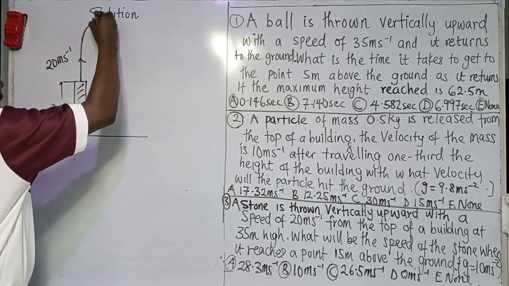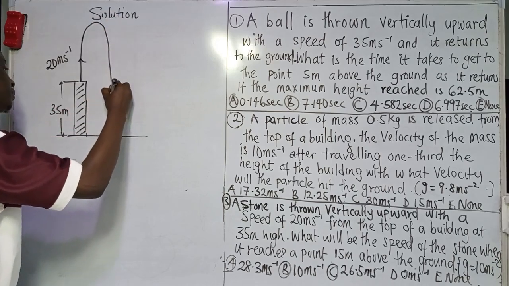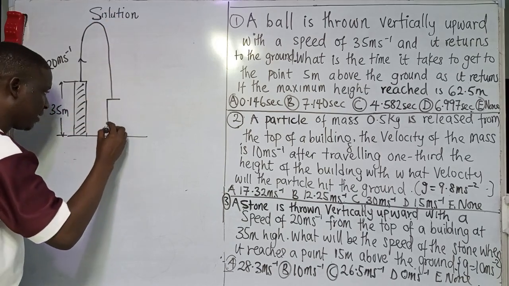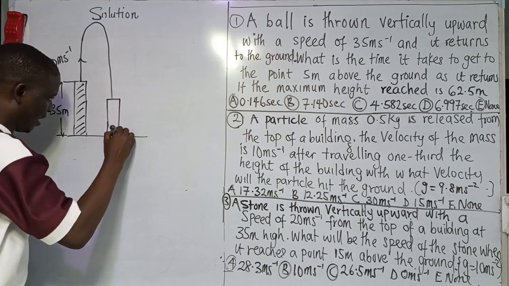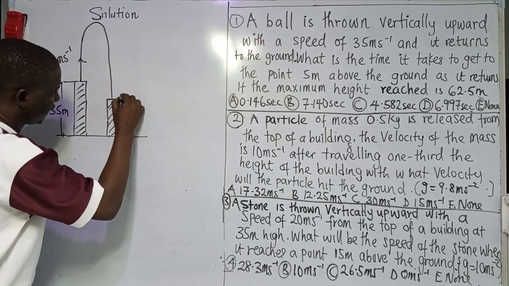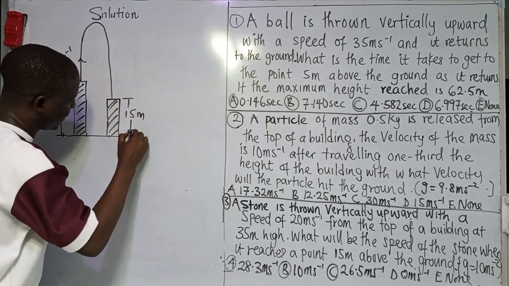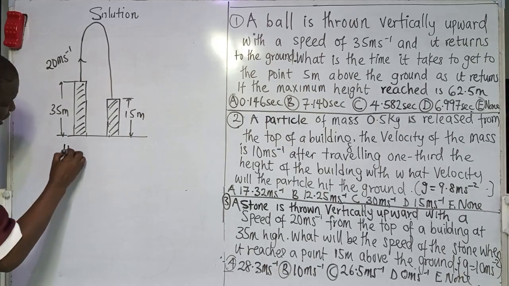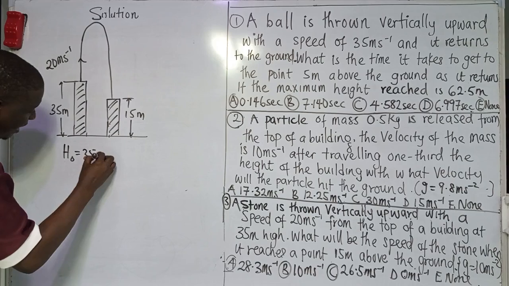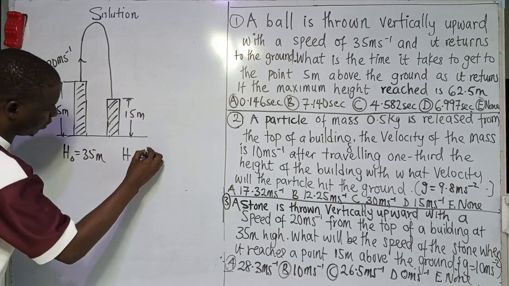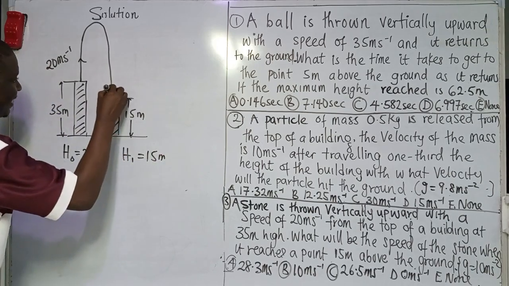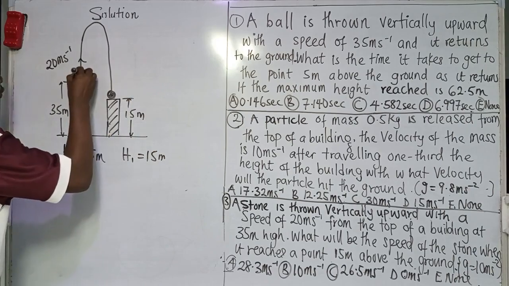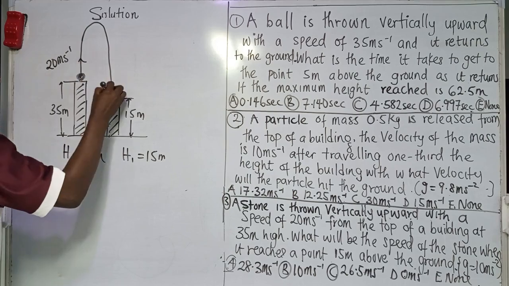So it will go up and return, and it's now 15 meters above the ground. Our H initial is 35 meters. H final is 15 meters, where the stone landed. It was thrown from here and landed here.